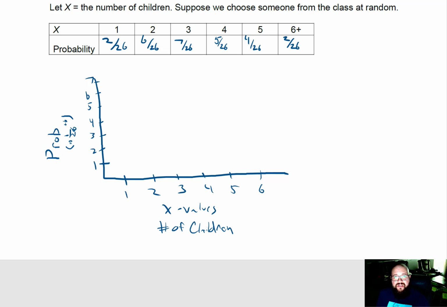And again, the histogram is different from our bar graph because the bars should actually connect, right? And the histogram is dealing with a group, right? So for the 1, we went up to 2. So up to 2 here. And then for the 2 we had 6 students that had 2.